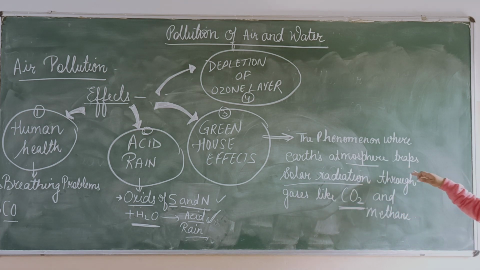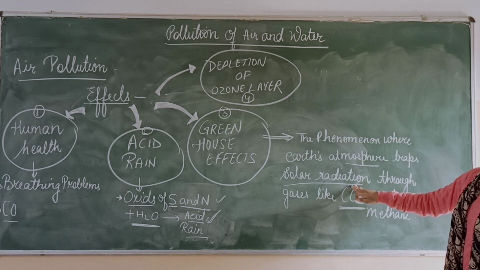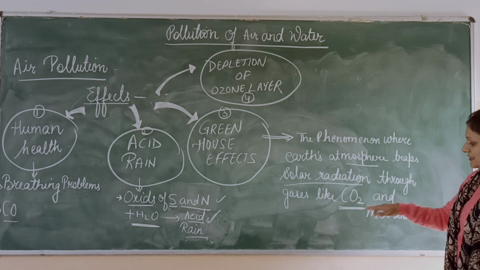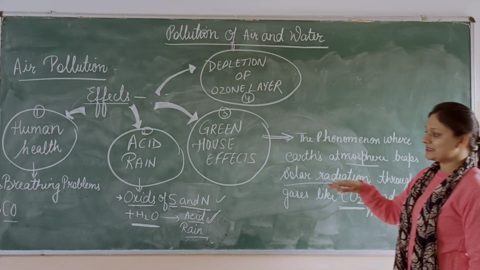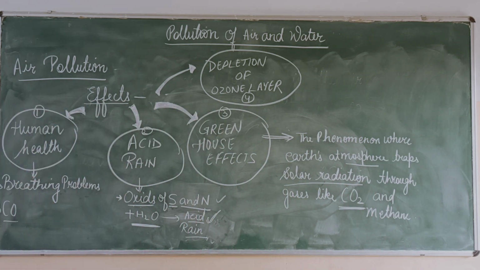So when the Earth's atmosphere traps solar radiation, which is the radiation of the sun, through gases like carbon dioxide and methane, this is known as the greenhouse effect. When the sun rays are trapped by carbon dioxide and methane, that is known as the greenhouse effect. And students, these gases are known as greenhouse gases.